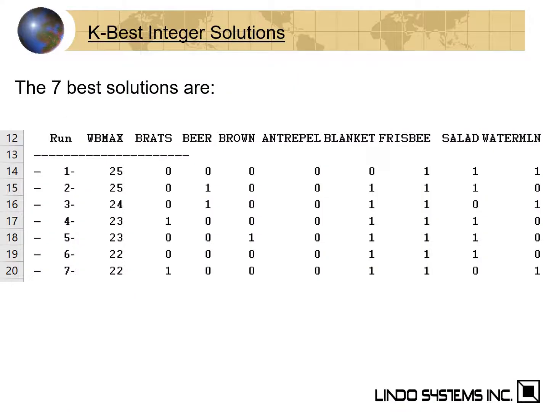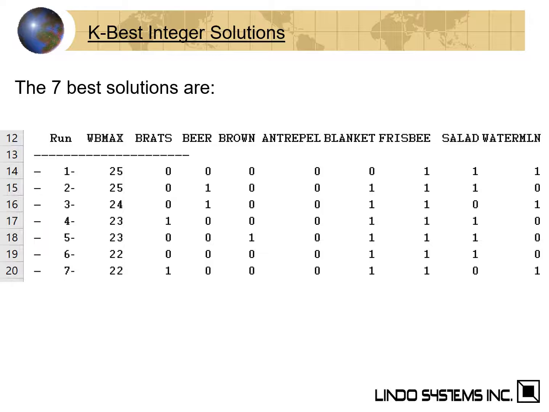There are several different ways in which you can look at the k-best solutions. One way is just in a tabular form where they're listed out. And so here we've listed out the 7 best solutions to our little knapsack problem. And whoa, look at this. There's an alternate optimal of 25 here for the second solution, and it does include beer in the solution.